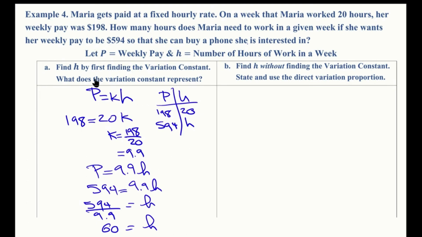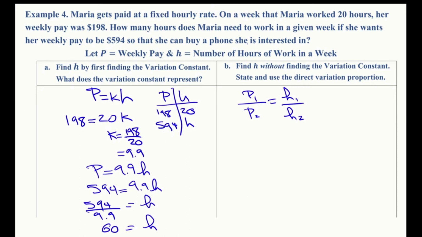So the way we'll do it, of course, remember, you get your variation proportion from the way the equation looks. So we get P1 over P2 equals H1 over H2. And now we're going to use values from the table.